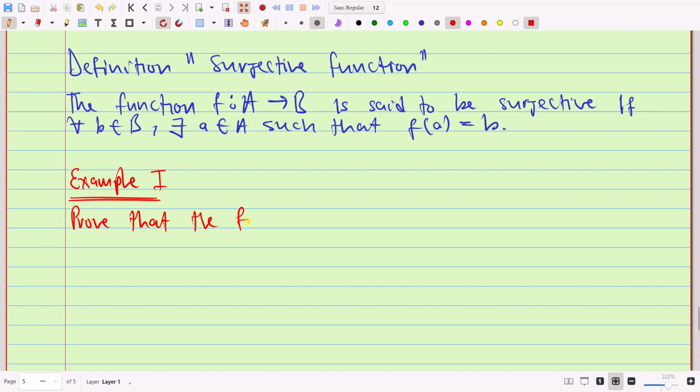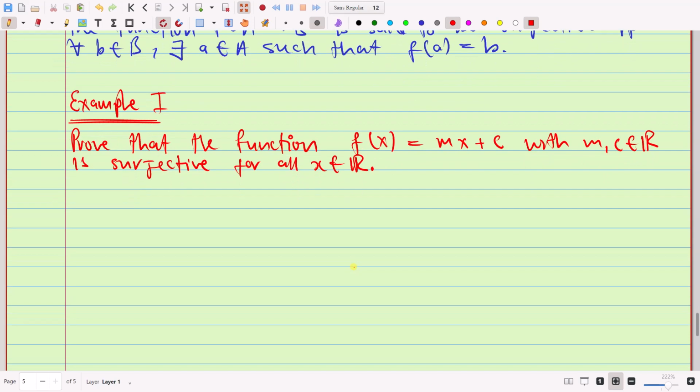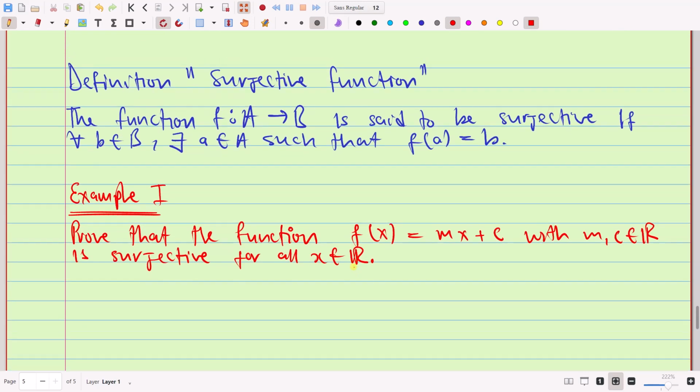Prove that the function f of x equals mx plus c, with both m and c elements of the real numbers, is surjective for all x an element of the real numbers. You see, prove that this function is surjective.